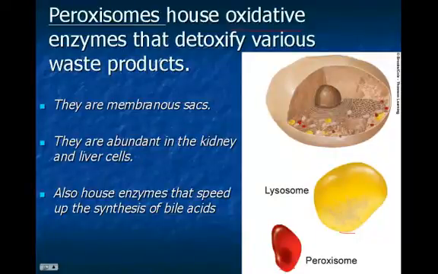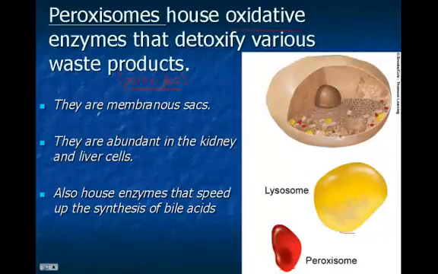These are enzymes that help detoxify certain waste products, especially our peroxide waste products. We do produce peroxides as a byproduct of normal cell metabolism, or normal cell chemical reactions, but the peroxides can be quite harmful to other things inside the cell. So these peroxisomes will take up those peroxides and break them down.